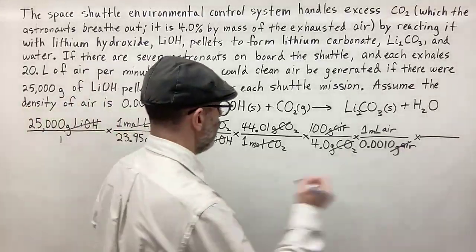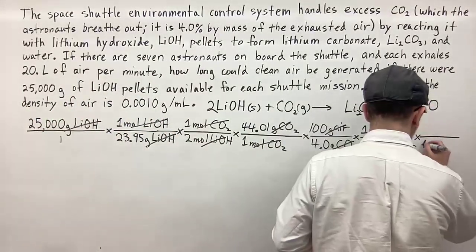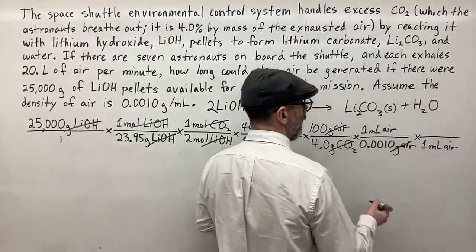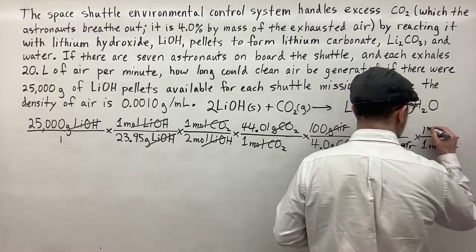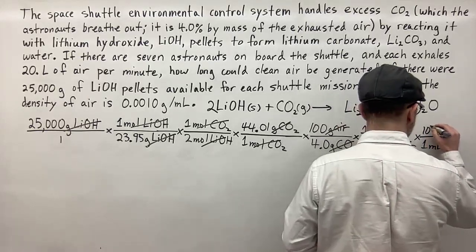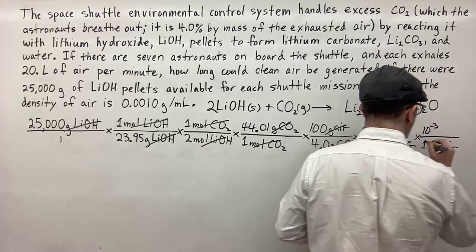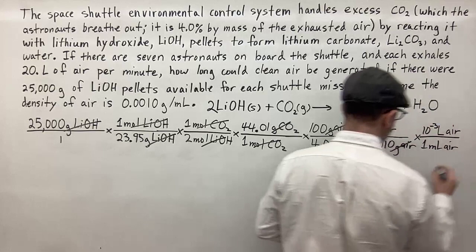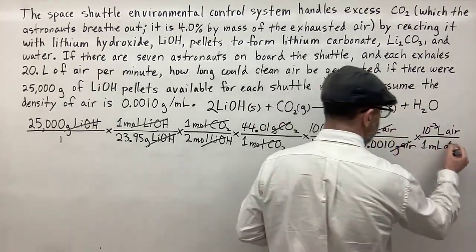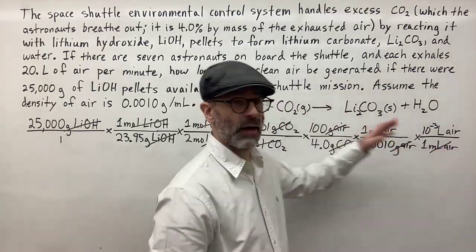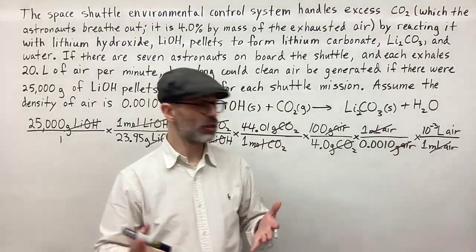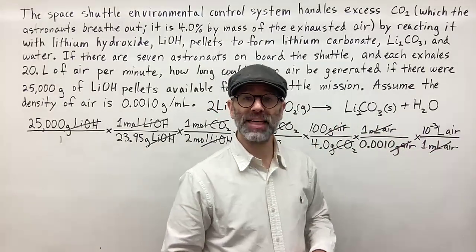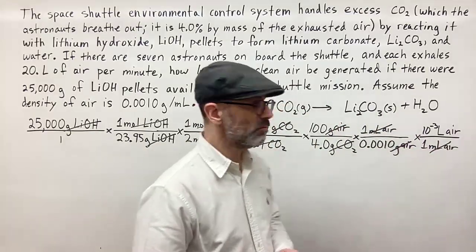I'm going to put 1 milliliter of air on the bottom, and that's equal to 1/1000th, or 10 to the negative 3 liters of air, on top. So milliliters of air cancel out. So now I have liters of air.